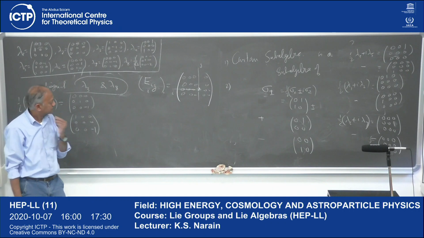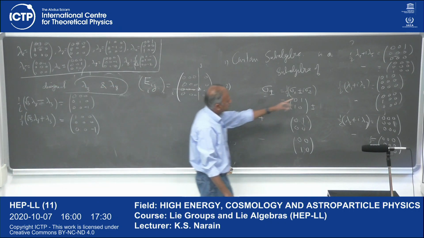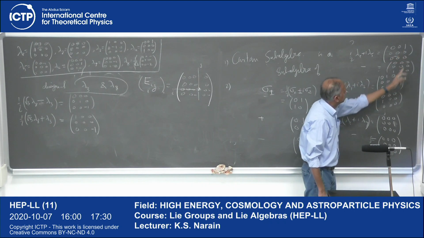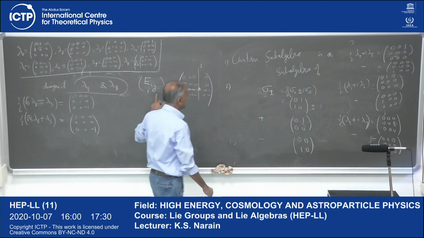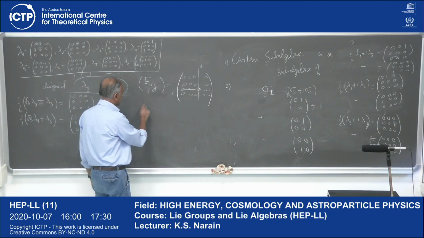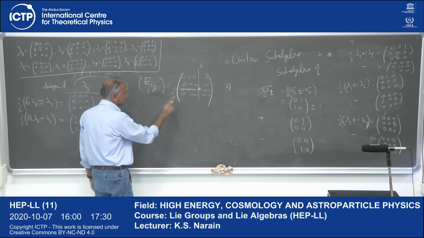So I'm defining this matrix. So in this notation, these matrices are simply Eij with i not equal to j, right?